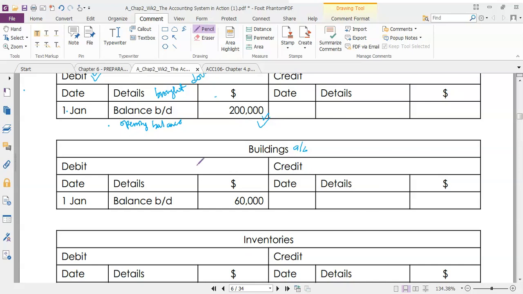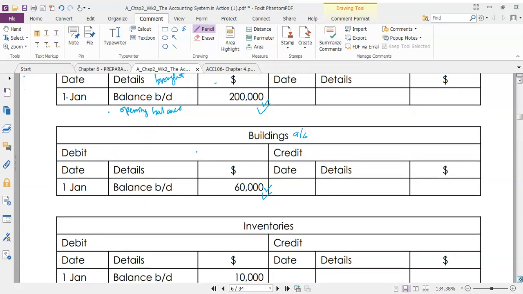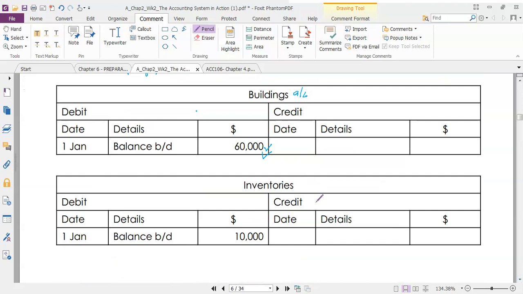So that's why kalau ada baki awal, baki brought down, balance BD for asset, mesti kita akan letak dekat debit side. Okay, same goes to inventories. Segala asset kalau ada baki awal, you kena letak dekat bahagian debit. Inventories is also our asset. So balance BD 10,000 inventories on the debit side.